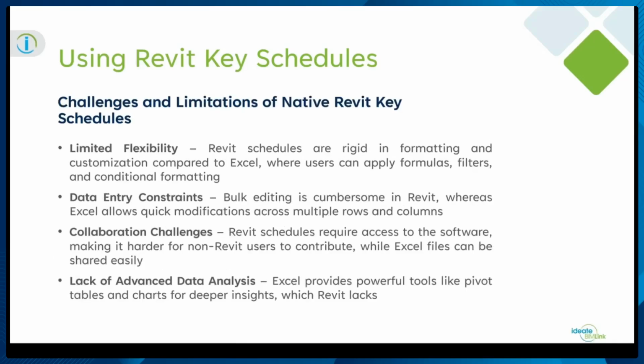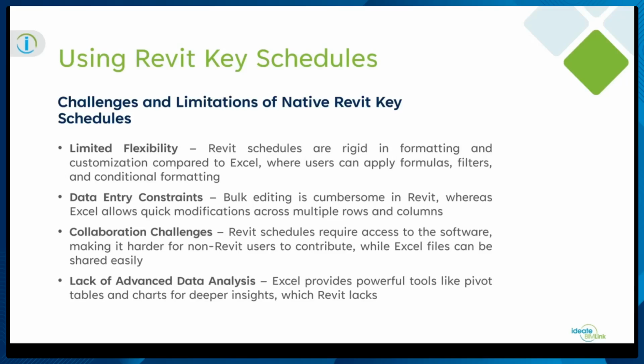So now that we know what key schedules are in Revit, what are the limitations of native Revit key schedules? Well, the first one is limited flexibility. Revit schedules are rigid in formatting and customization compared to Excel, where users can apply formulas, filters, and conditional formatting. Data entry constraints: bulk editing is cumbersome in Revit, whereas Excel allows quick modifications across multiple rows and columns.